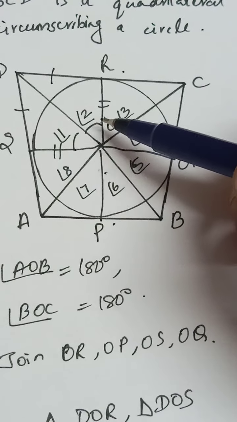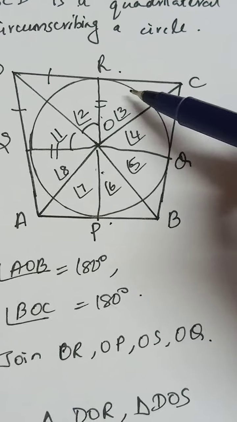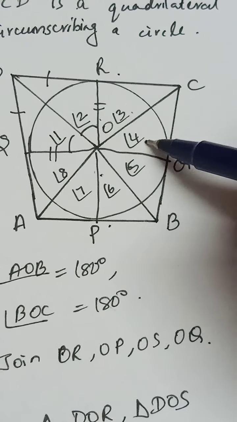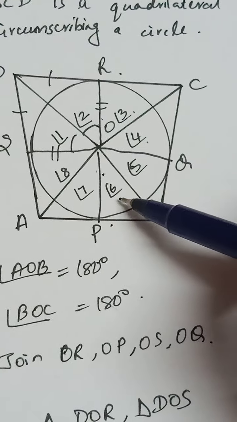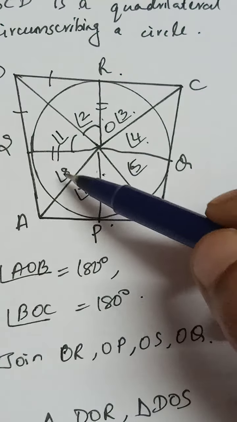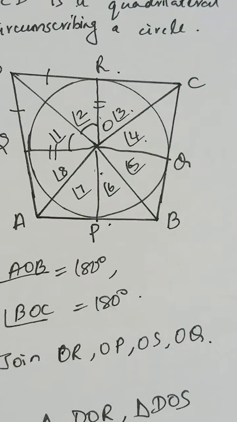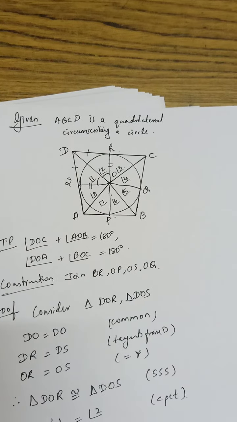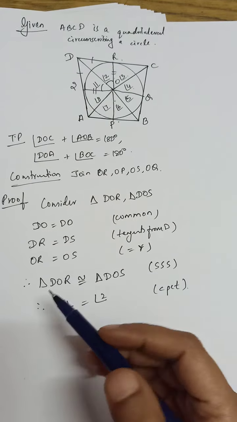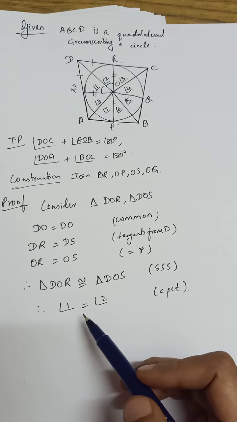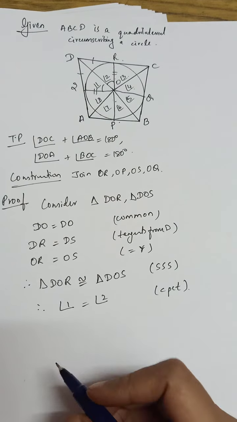Now, I have got angle 1 equal to angle 2. Similarly, we can say these two angles are equal. Similarly, these two are equal, and similarly, these two are equal. No need to give the proof for all that. Now, I have written up to what I told here, angle 1 equal to angle 2.